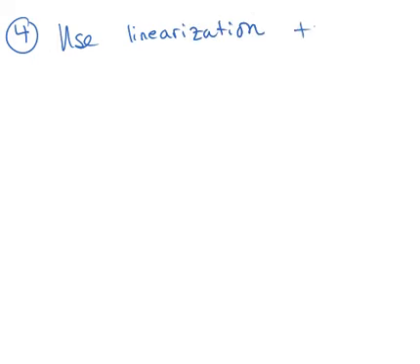Okay, this is number 4 on the review, and you're asked to use linearization or linear approximation to estimate the square root of 101. What you want to do here is figure out what your x is and then what your a is.